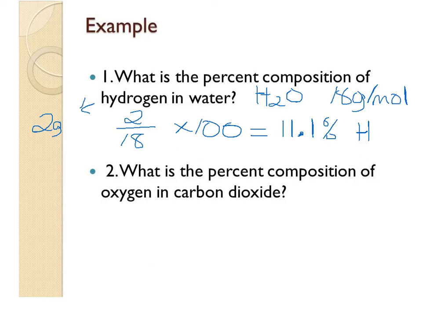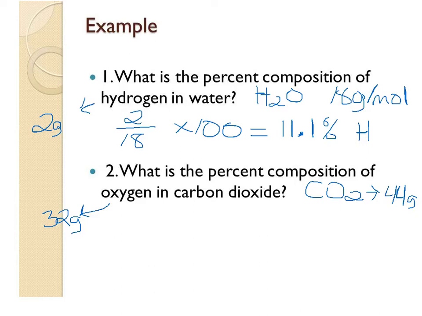Okay, in our next example, what is the percent composition of oxygen in carbon dioxide? Our formula for carbon dioxide is CO2. The molar mass of that is about 44 grams. It's asking us about the oxygen. Our molar mass of the oxygen, since there's two of them, is about 32 grams.